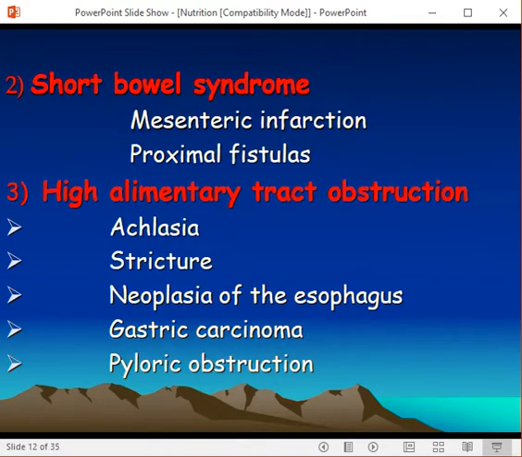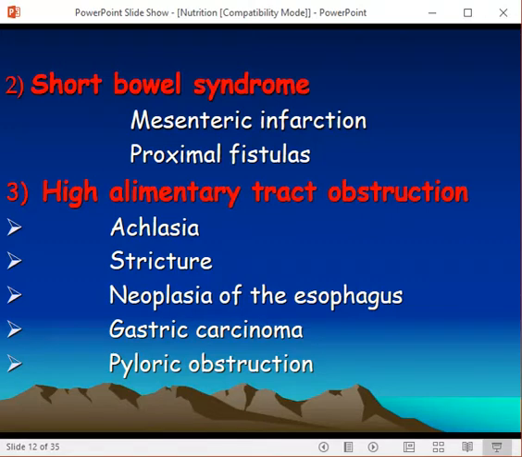The other indication is short bowel syndrome. Essentially, if you are operating and there is a gangrenous bowel after mesenteric thrombosis, superior mesenteric artery thrombosis, the gangrenous small bowel is resected, resulting in short gut syndrome.